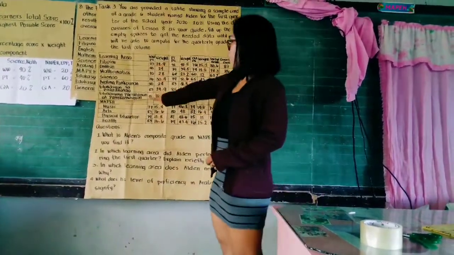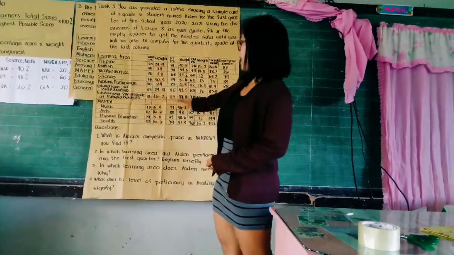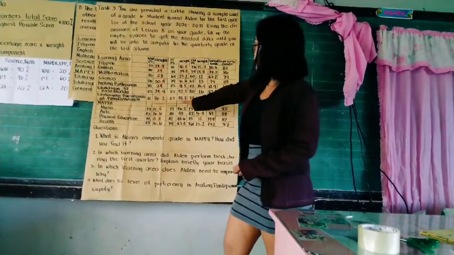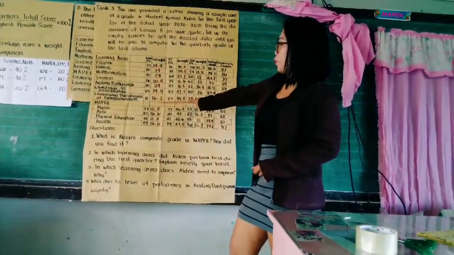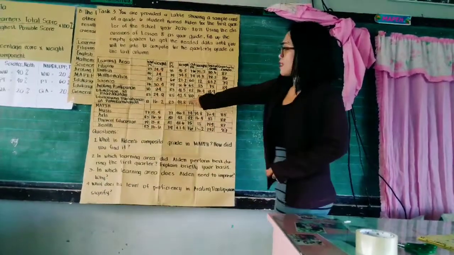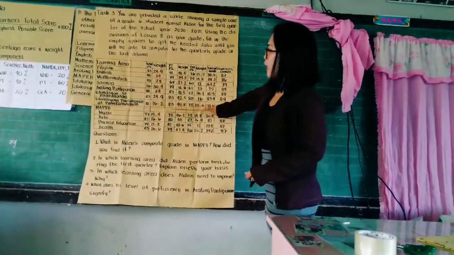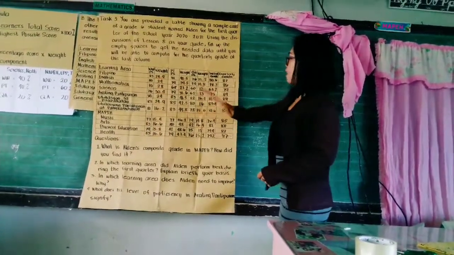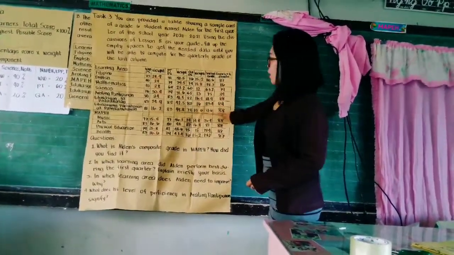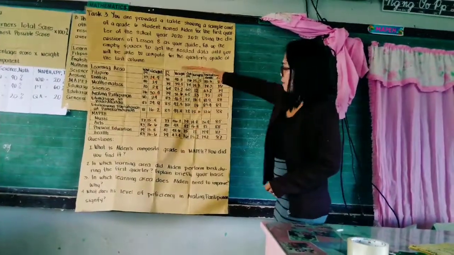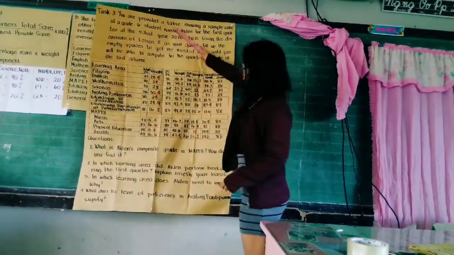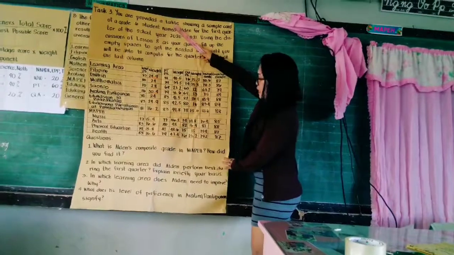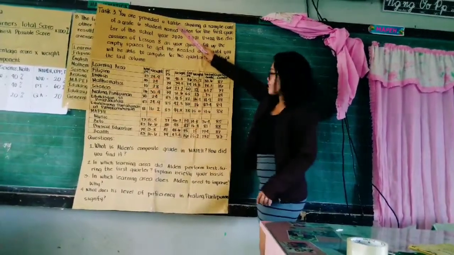Then, for Edukasyong Pantahanan at Pangkabuhayan, 81 times 20% for the written works equals 16.2. 83 times 60% for the performance task equals 49.8. 78 times 20% for the quarterly assessment equals 15.6. And the total is 81.6. The transmuted grade is 88.